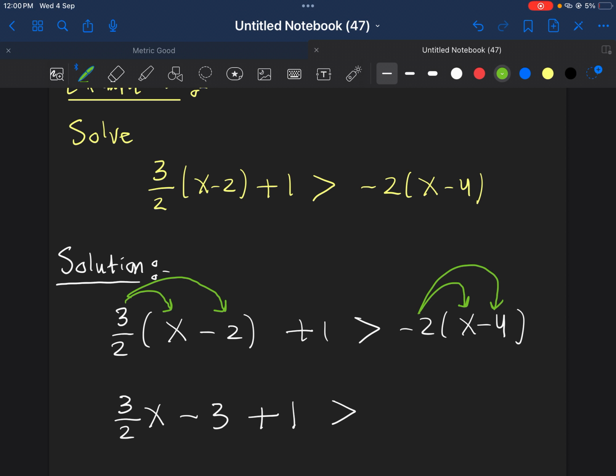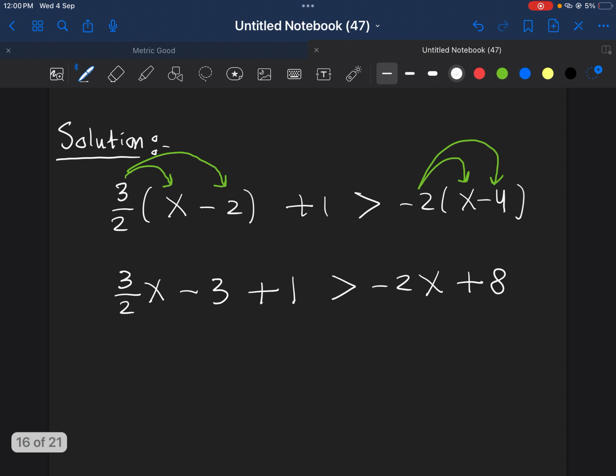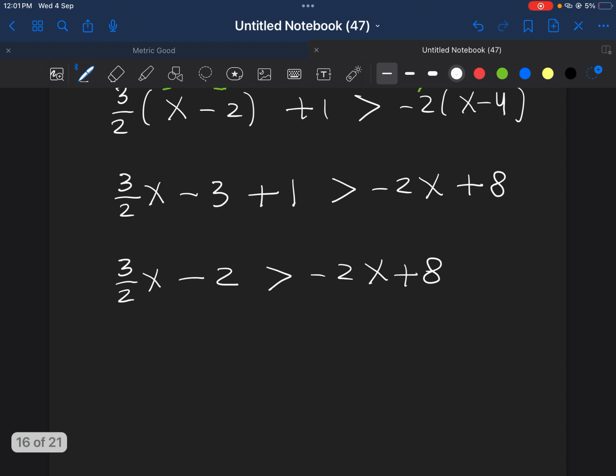So what we get is negative 2x plus 8, because negative 2 times negative 4 is plus 8. Now let's simplify things around. This is 3 over 2 x. This negative 3 plus 1 is negative 2. This one I did nothing, so I'll keep it. Take all the x's together.